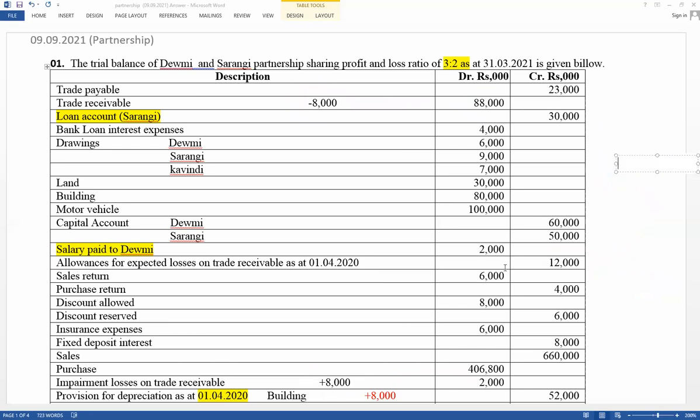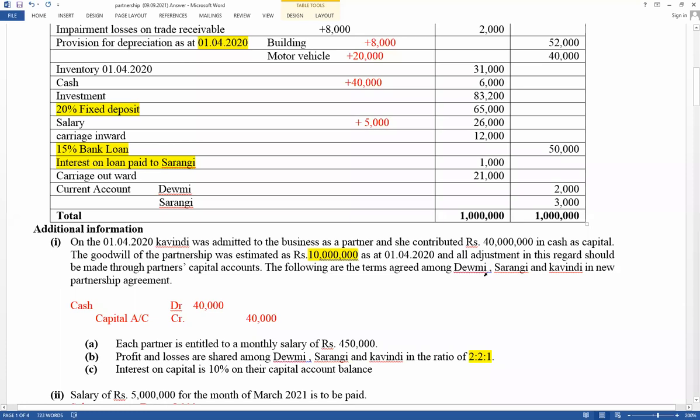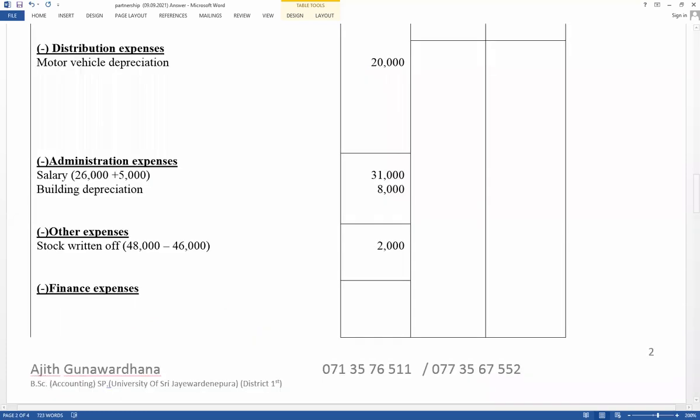Under distribution expense, there are two expenses. First one, impairment loss on trade receivable, as well as second one, expected losses on trade receivable. Expected losses is over provision, but impairment loss total value should be included under distribution expense.